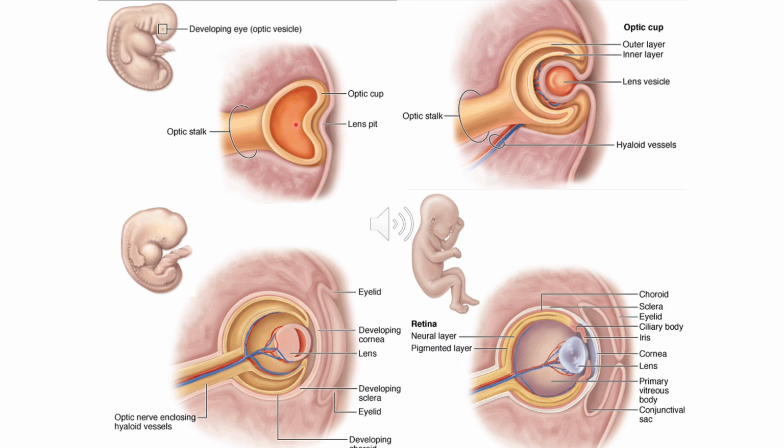This optic tract will go all the way to the lateral geniculate body, where it will synapse with a second order neuron, and these second order neurons will radiate in the form of the optic radiation into the primary visual cortex. I think you should also appreciate the fact that the superior colliculi also help in positioning the eye in receiving the best stimuli. So note the importance of the optic stalk and then what it carries. Apart from it carrying the optic nerve, it also contains the hyaloid vessels, which are actually blood vessels.